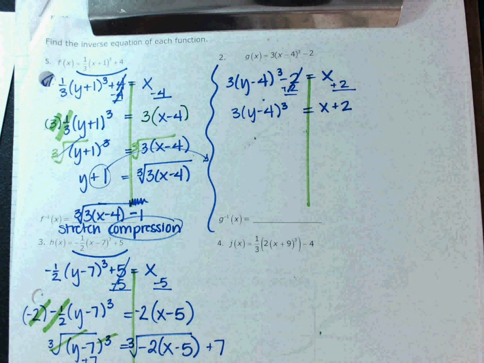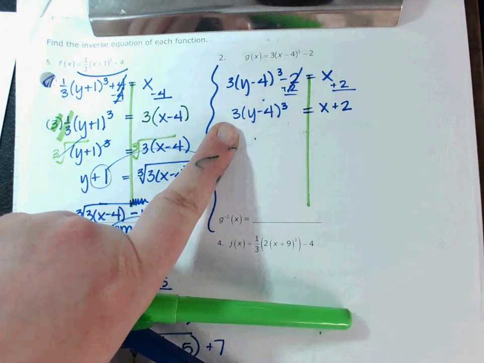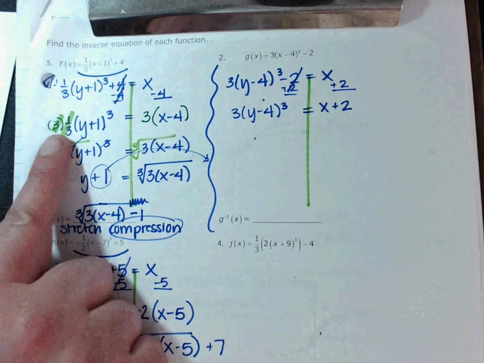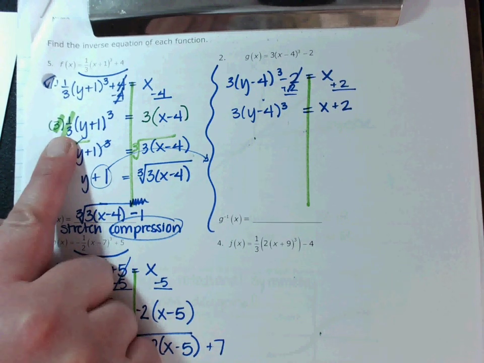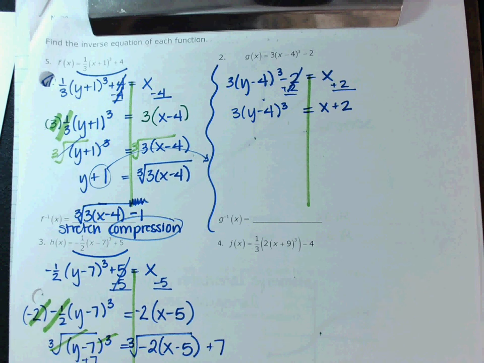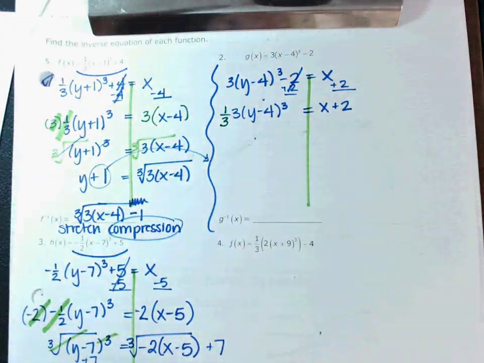Okay, to get rid of a times, I'm going to have to put a fraction. If it's a 3, what fraction will cross out with that? 3 and what? Look over here. 3 and 1/3, right? Those cross out with each other because a 1/3 is really a divide by 3. So on both sides, you're going to put a 1/3 here so that those guys can cross out.